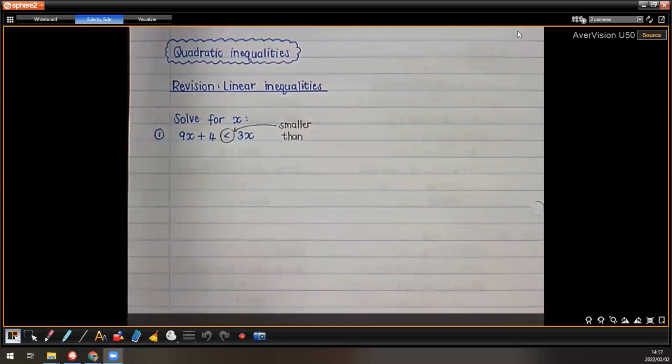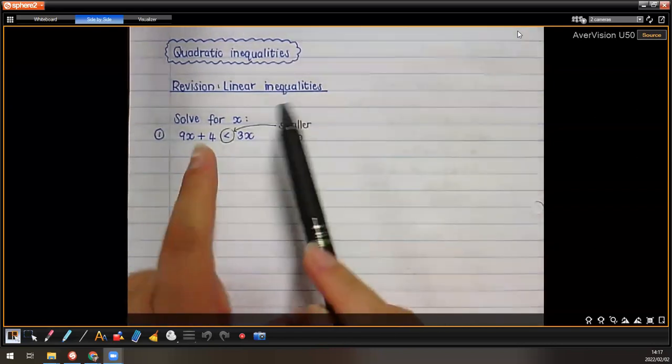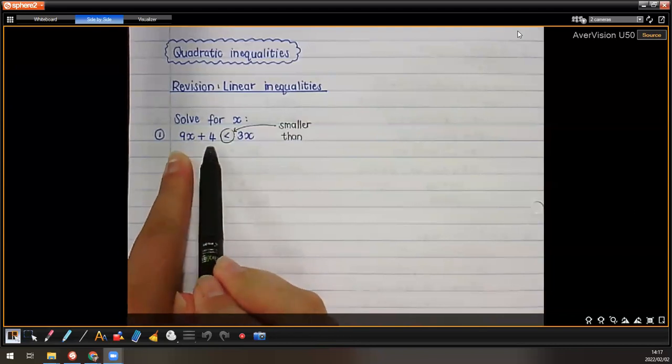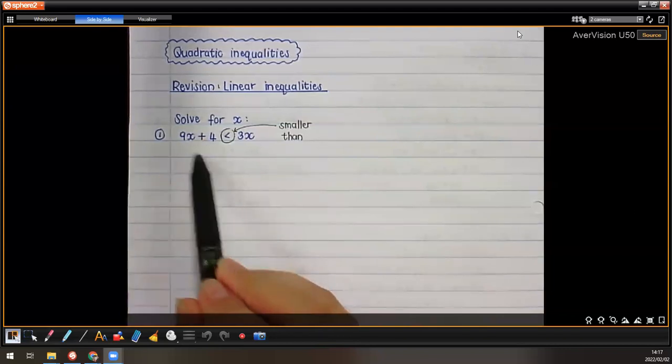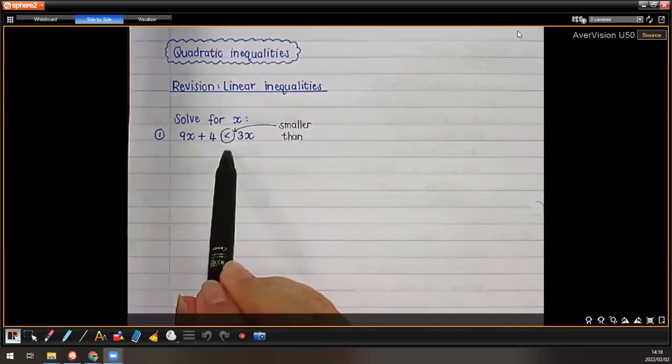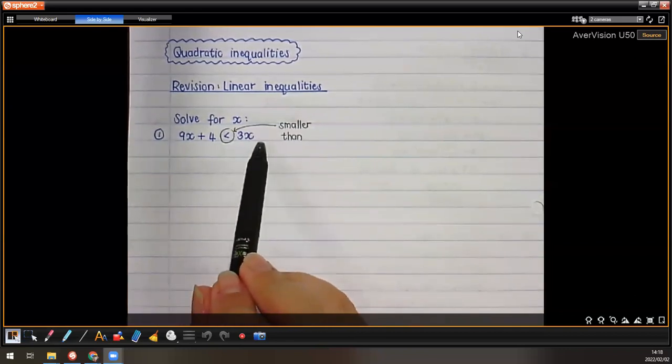And that means that we need to find a value for x. Often with these questions, we don't only find one value for x, we find multiple values. Whatever x is, it needs to be a number so that if I multiply by 9 and then add 4, that value must be smaller than 3 multiplied by that x value.